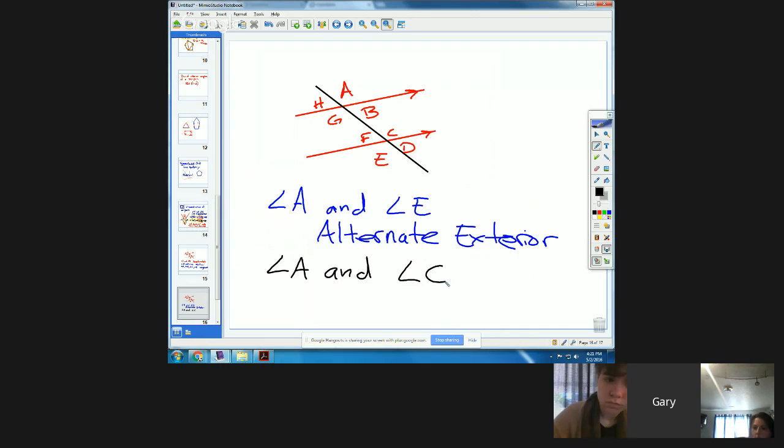But one thing I can say is they're in the same position, aren't they? They're both in the upper right corner of one of the parallel lines and the transversal. So they're called corresponding because they're in the same position. The positions correspond. If they're corresponding, are they going to be equal?